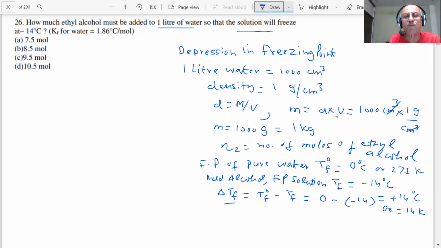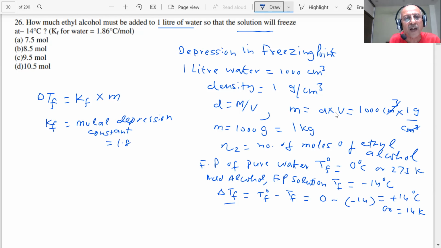Now you have got delta TF, students. What is the formula for the depression in freezing point? Delta TF is equal to KF into molality. And what is your KF? KF is the molal depression constant, or freezing point depression constant, the value of which, if you see the NCERT books also, is 1.86 Kelvin kilogram per mole.